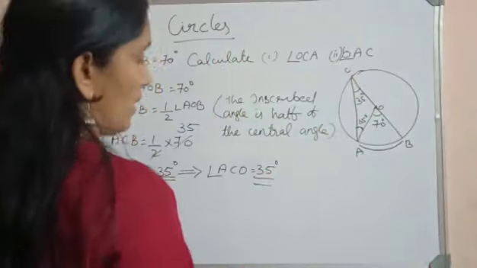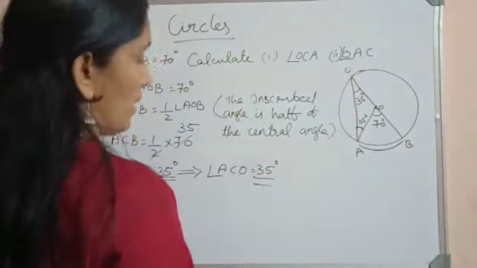If you consider the triangle COA, this CO as well as AO are equal because these are the radii of the circle. So this becomes an isosceles triangle and angles opposite to equal sides of this triangle are equal. OCA is 35 degree, therefore CAO is also 35 degree itself.